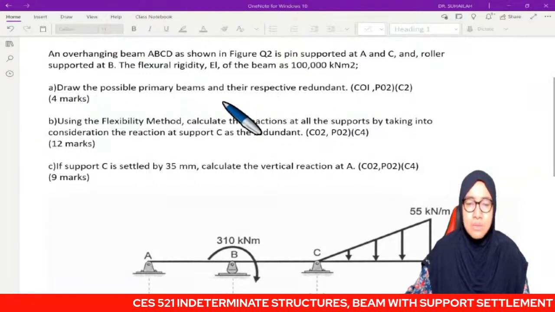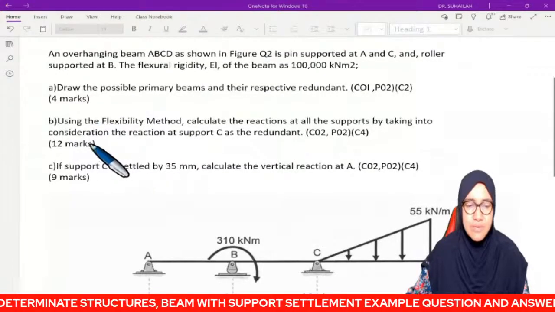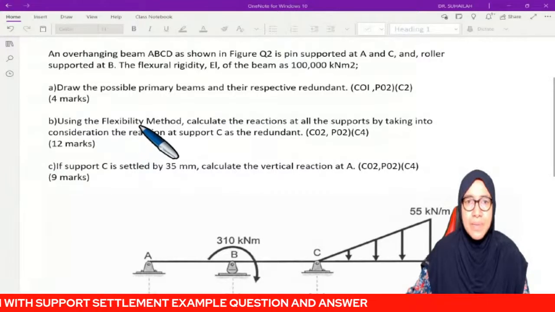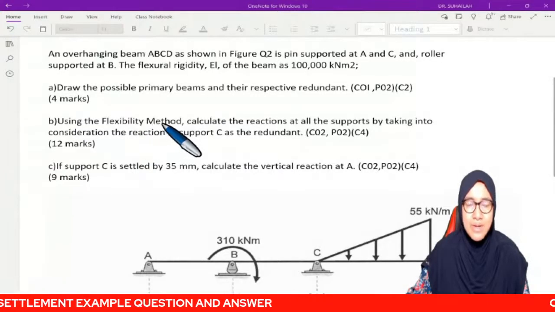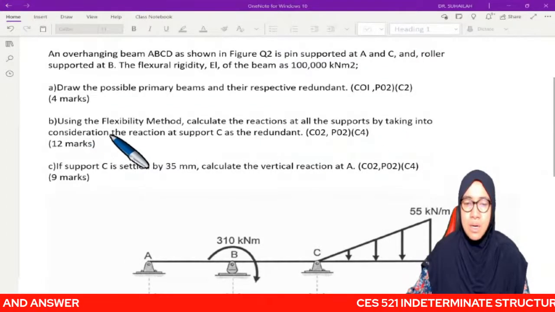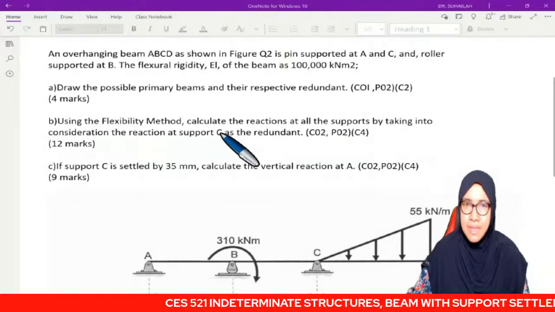Okay, so let's go through all the questions first. Question B, using the flexibility method, calculate the reaction at all supports by taking into consideration the reaction at support C as the redundant.